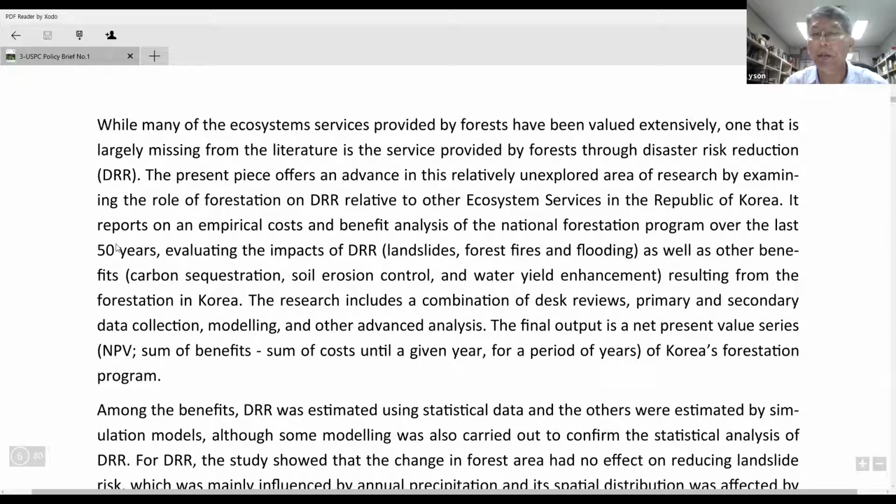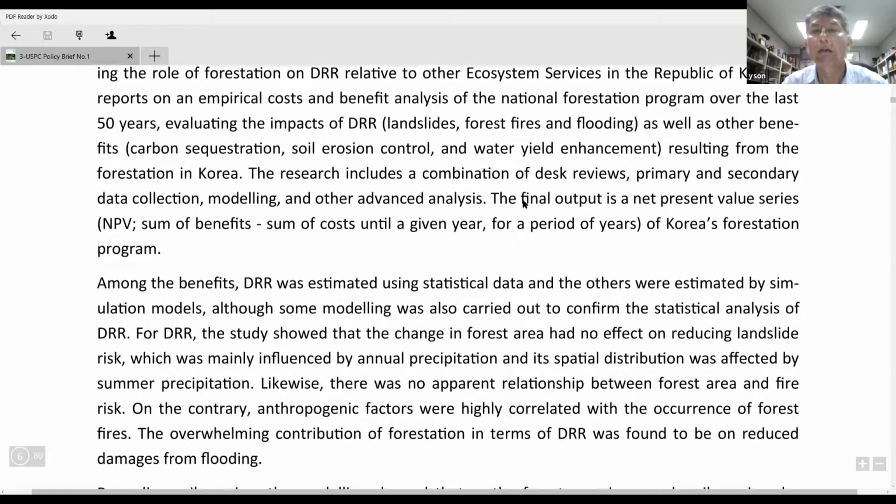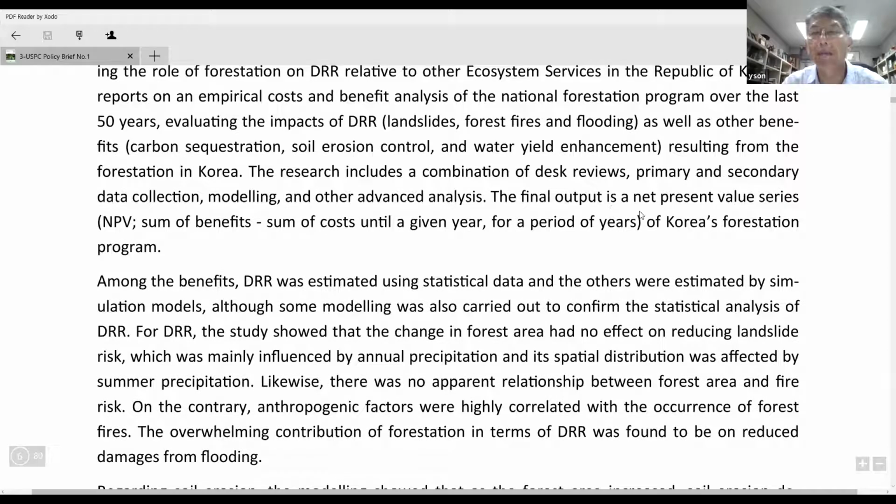Okay, the time period is 50 years. Evaluating the impact of DRR, landslide, forest fire, flooding, plus other benefits, carbon sequestration, soil erosion control, and water yield enhancement. And then the final output is a net present value.